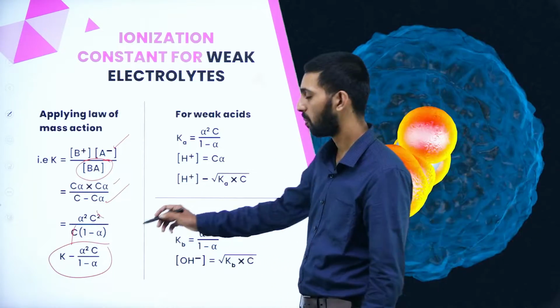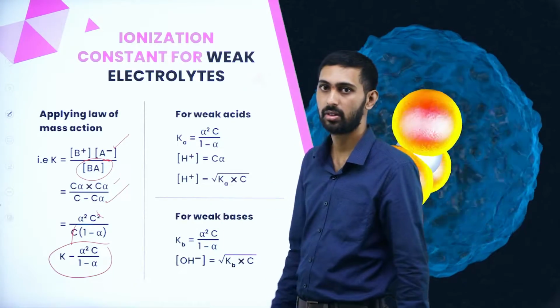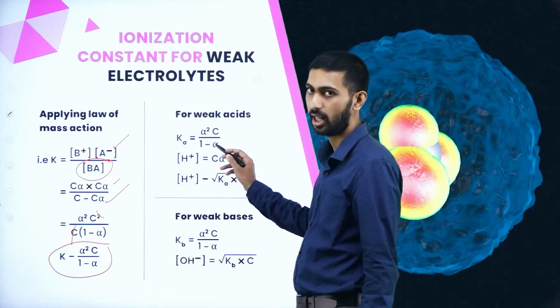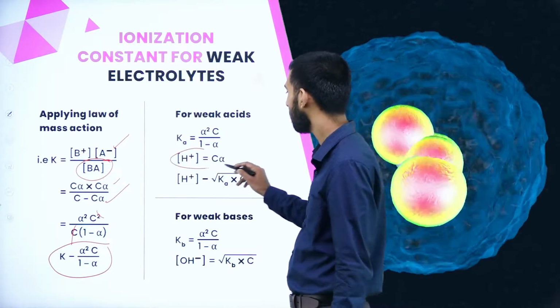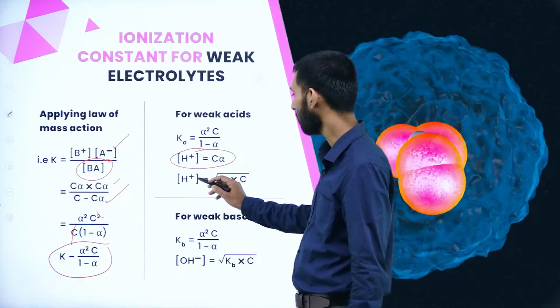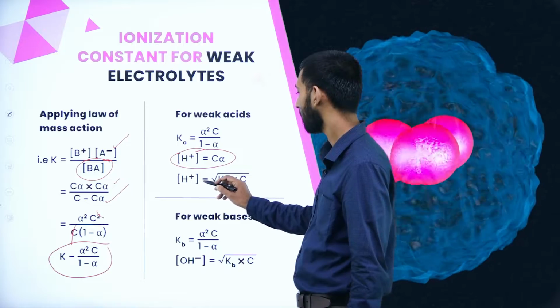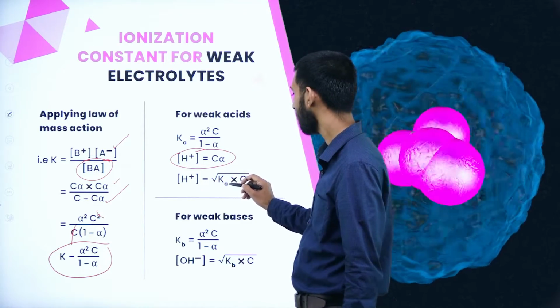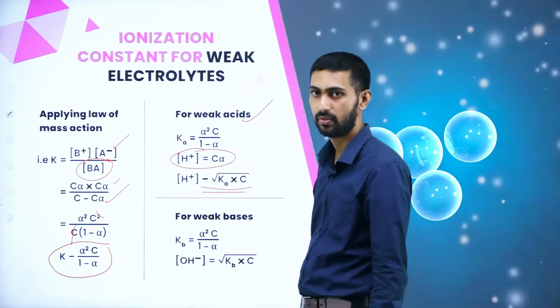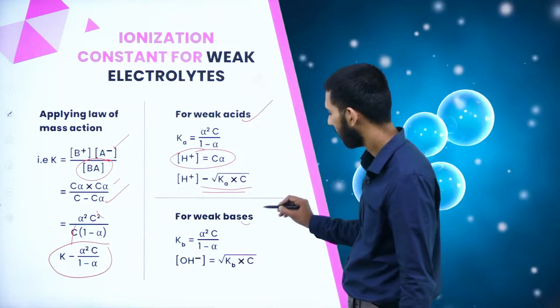Now let us apply that for weak acids. Ka is alpha square C divided by 1 minus alpha, as we know. For the H plus ion, we will get only C alpha. So the H plus ion concentration is equal to root of Ka into C. This is the relation for weak acids. Now let us take it for weak bases.